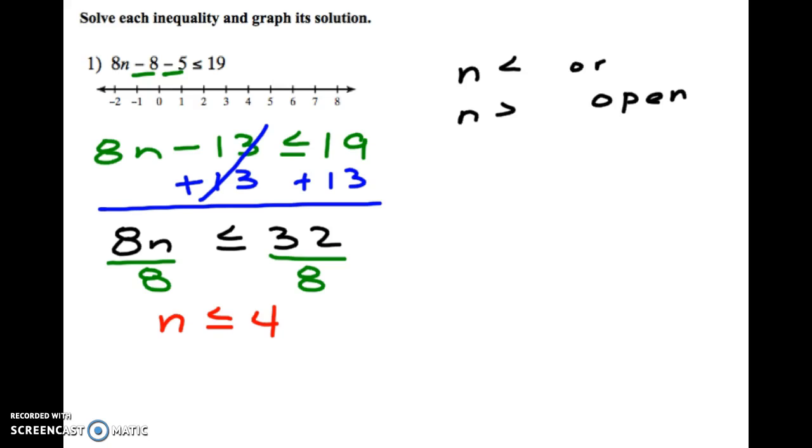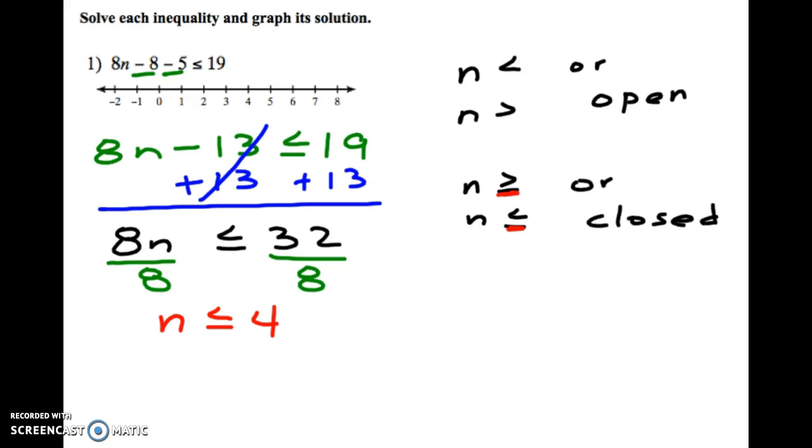If we have n is greater than or equal to, or n is less than or equal to, we're going to use a closed circle. So the difference being whether the equation has an equal sign or not, and the closed circle indicates that because of the equal sign that we're going to include that number as part of the answer.